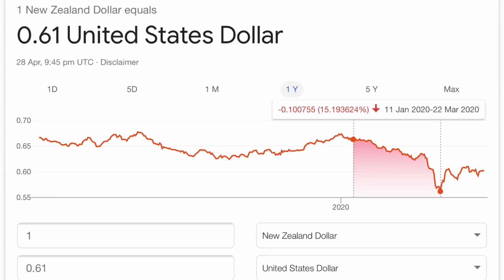One of the problems, though, is at the same time as the US share prices were coming down, you know, the Apples and the Disneys and the Facebooks of the world, the New Zealand dollar was also weakening, and I was in a position where, luckily, nothing really got to a price where I went ahead and wanted to make a purchase.